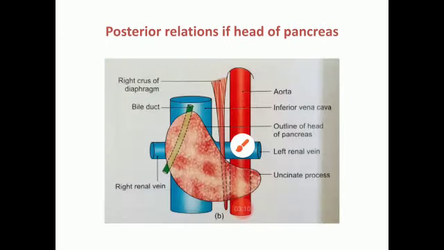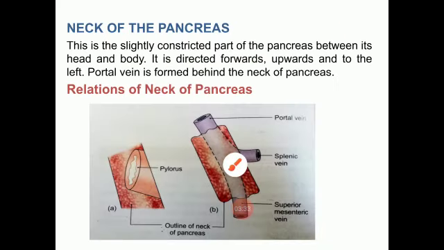Coming to the posterior relations, posteriorly the head of the pancreas is related to the inferior vena cava, then the terminal parts of the renal veins, then the right crus of the diaphragm, then the bile duct, which runs downwards and towards the left and runs within the substance of the pancreas.